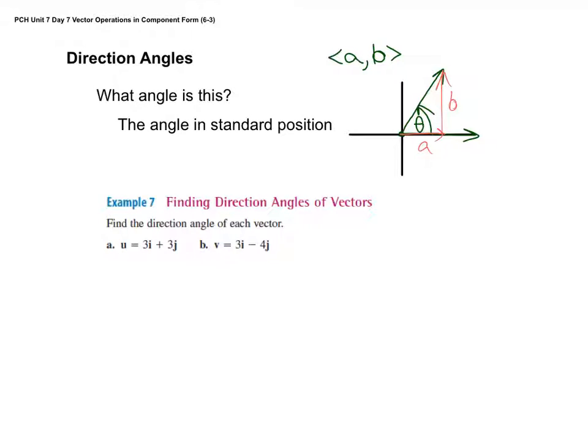Tangent, okay? We'd use the tangent of theta equals b over a, and then, yes, we would use the arc tangent, or the inverse tangent, of b over a. Now, one thing that you need to be careful of is to watch your quadrants.